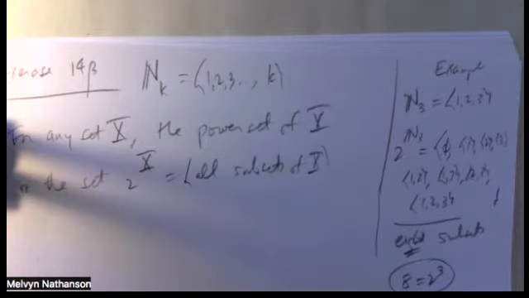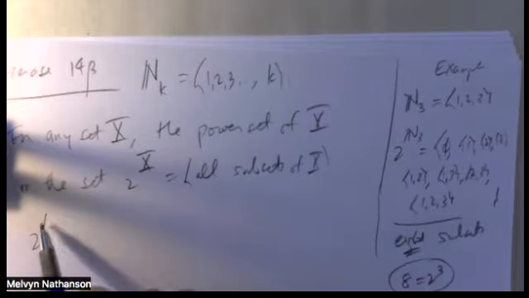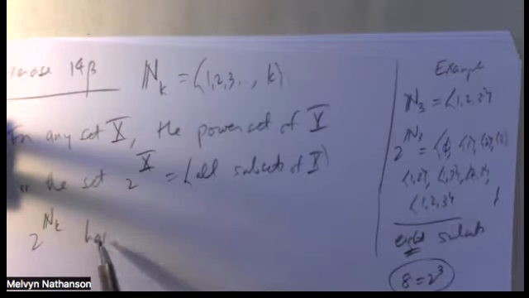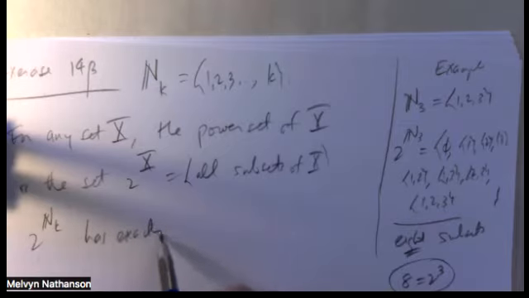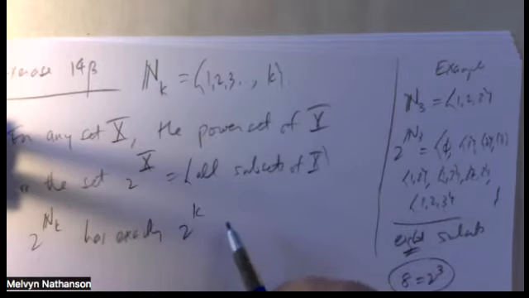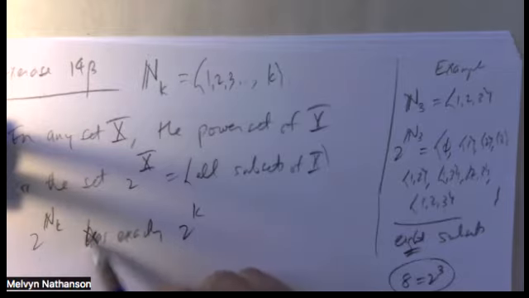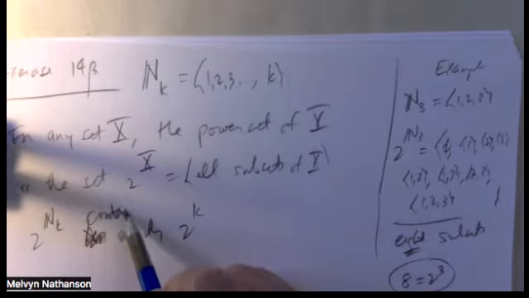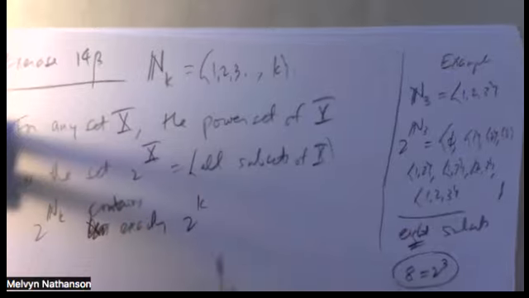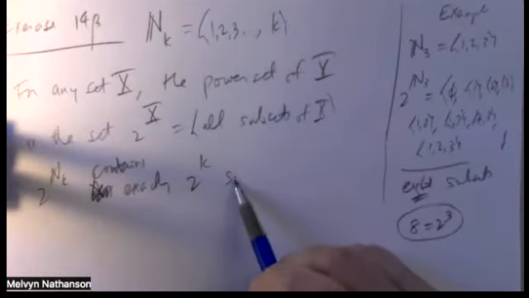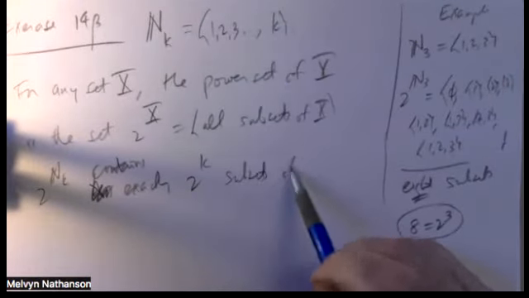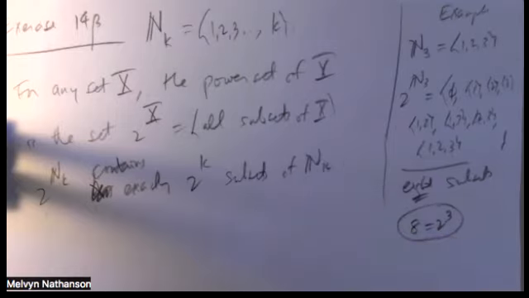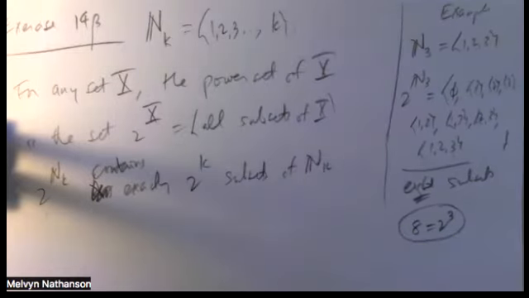And what they want you to show is that 2 to the n sub k, this power set, contains exactly 2 to the k subsets of nk. Right?